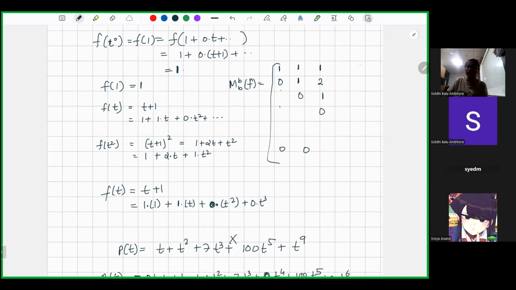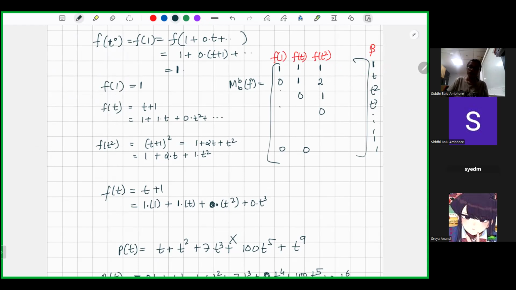So here the basis is 1, t, t square, t cube and so on. Corresponding to 1, I have to enter an entry here. So let me use this. Corresponding to 1, whatever coefficient, and this is my f of 1, f of t square. This is my basis, and this is also my basis.